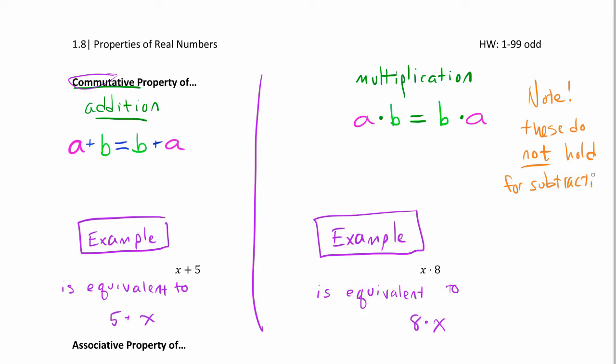Here's a little example: 9 minus 1 equals 8, but 1 minus 9 is equal to negative 8. Those are not the same, not equivalent expressions. That's one reason it's sometimes helpful to change subtraction to addition of opposites.